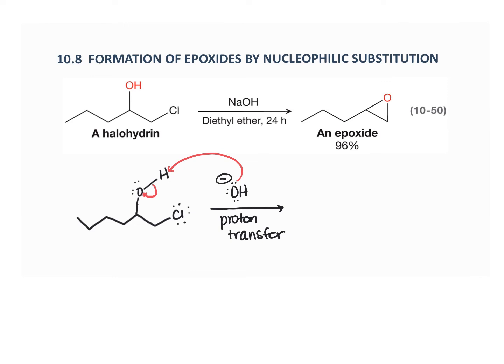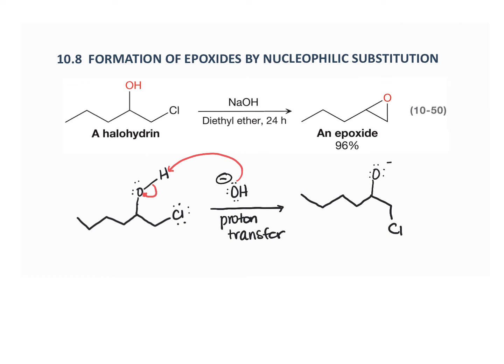We follow our arrows, and now I've just shown the Cl a little bit differently just to kind of help with my arrows, but you could obviously show it pointing up if you wanted to, right?